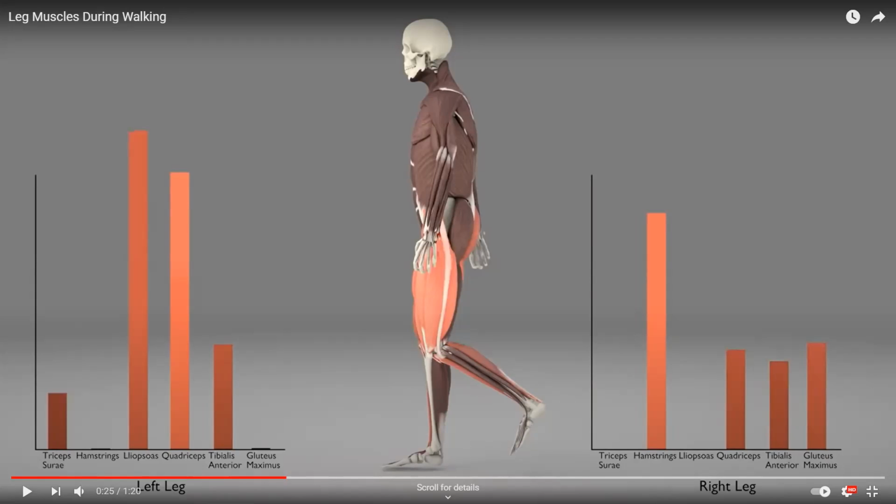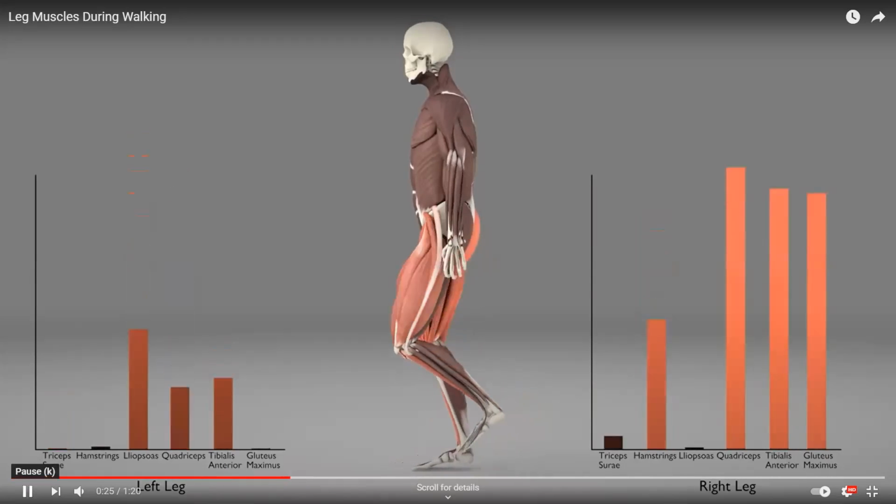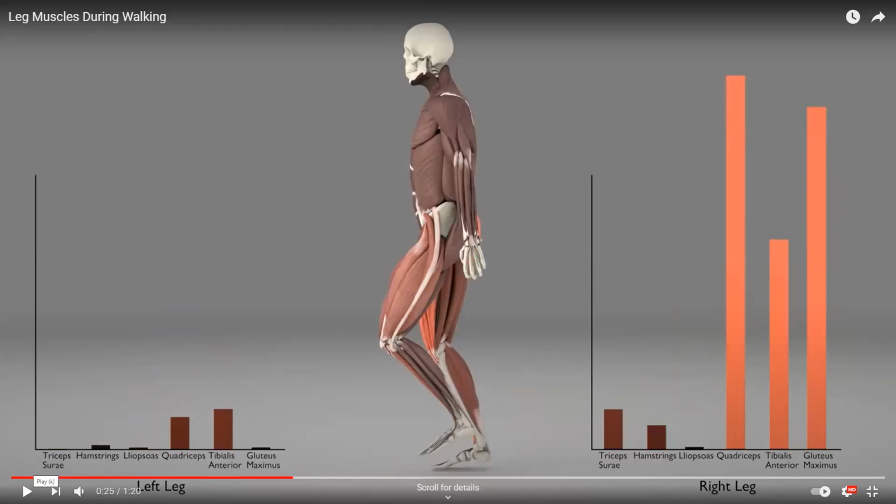Now let's see if I can get it to go a little bit further. What would you say this is in, on the left leg? We said it was initial swing back here, so where does it have to be here in the middle?